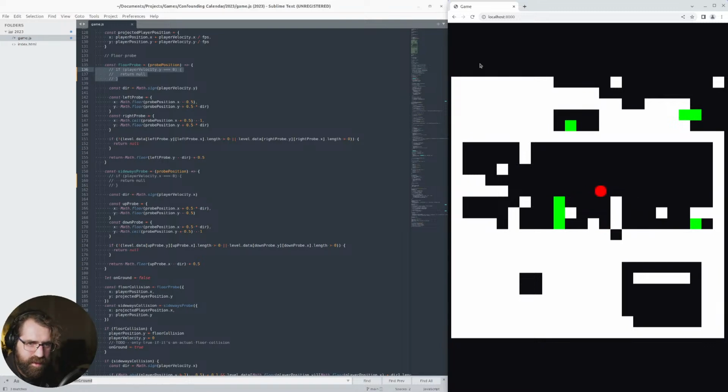What just happened then? Felt like I lost an input. Yeah, nothing bad really happens. Basically, dir is just 0 sometimes, and it just probes my own position, which is always going to be empty.